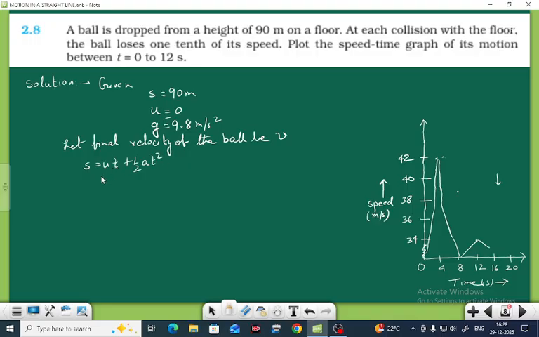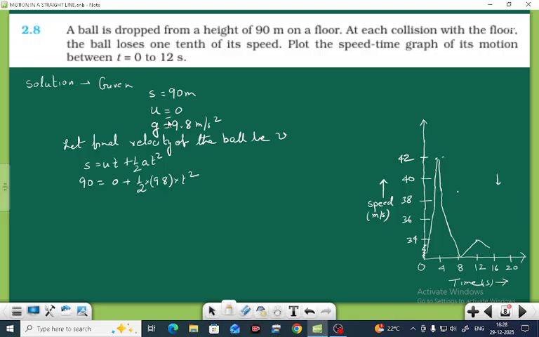From here you can find the time. Here s is 90, plus u is 0, therefore it is 0, plus half times acceleration 9.8 times t square.